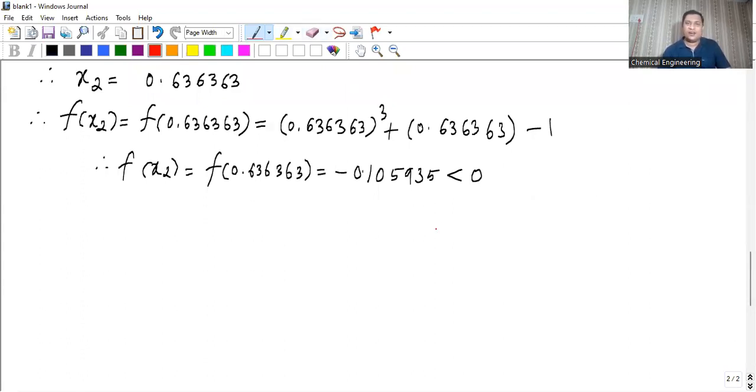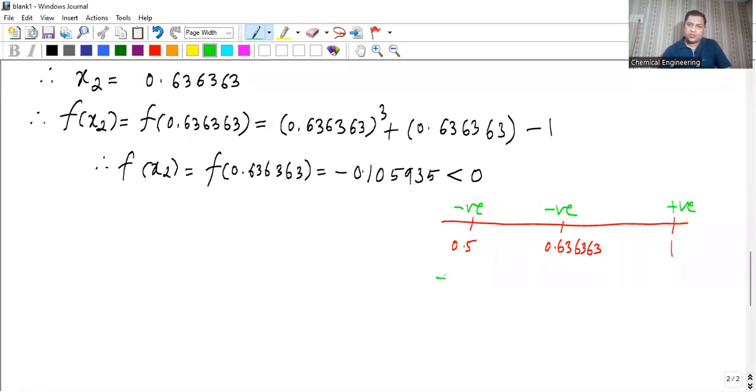Now let us think of this interval. We have 0.5 and we have 1, and now we got this as 0.636363. So again here we have negative, here we have negative, here we have positive.